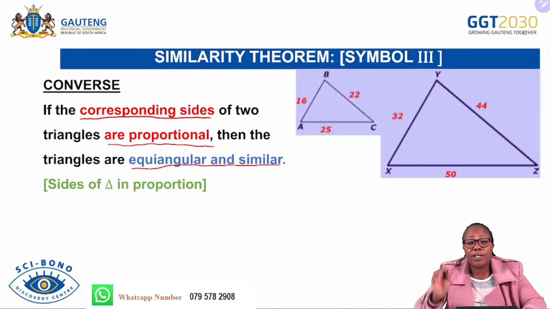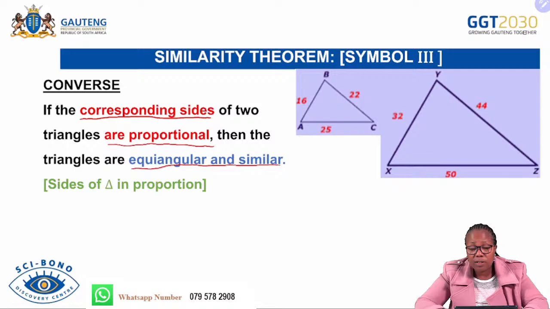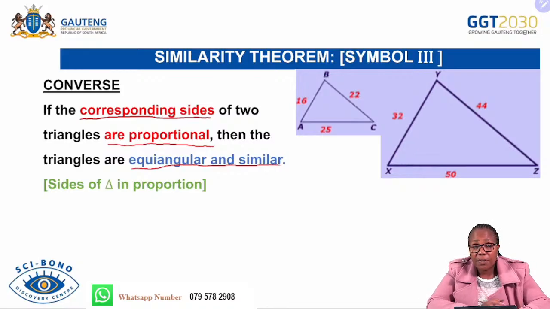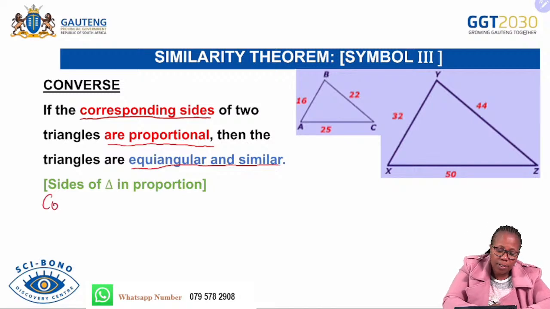We are reversing whatever we have done previously on the theorem. And then in this case, as you can see, you are given two triangles with the values of the sides now. And then now, grade 12, the reason abbreviated for this converse is that sides of triangles are in proportion, or you can write converse similar triangles is also acceptable there.